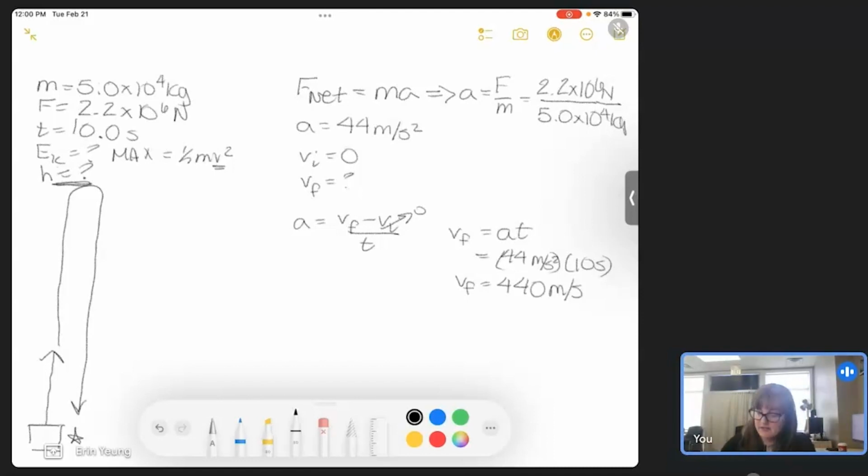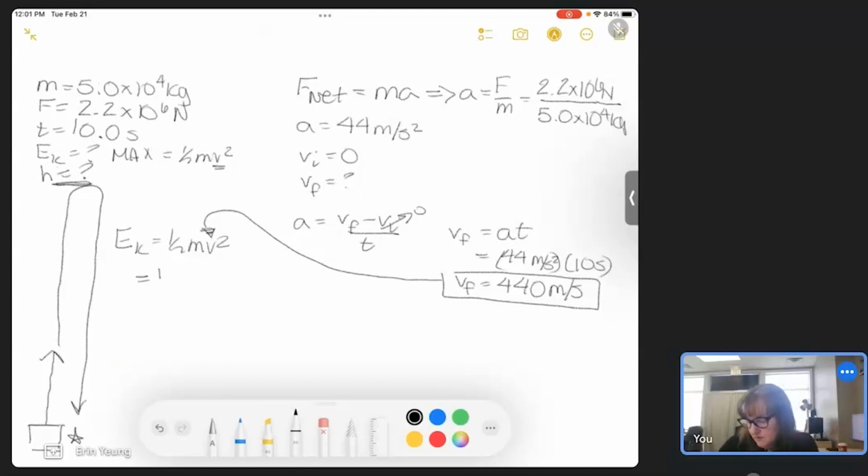We can take that now and put it into our kinetic energy formula. EK equals a half mv squared, and we can solve for our maximum kinetic energy because this VF that we found over here, we're going to sub that in to here, giving us our maximum kinetic energy because that is the maximum speed that was reached from the force given.